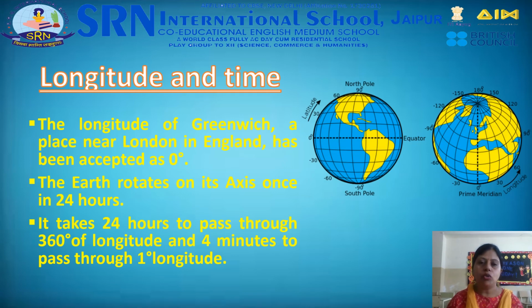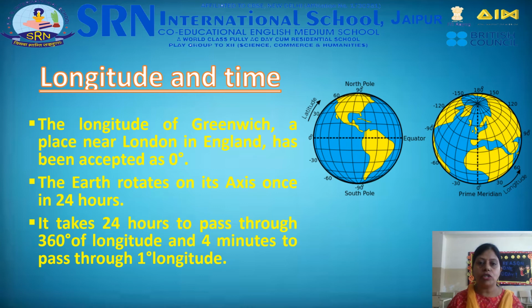Now I'll explain to you how you can locate the time of a particular place if you know the longitude of a place. By common consensus, the longitude of Greenwich, a place near London in England, has been accepted as 0 degree.